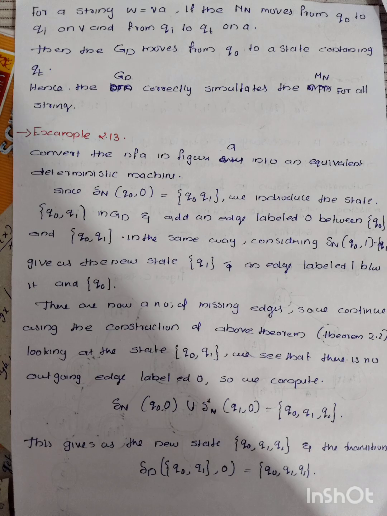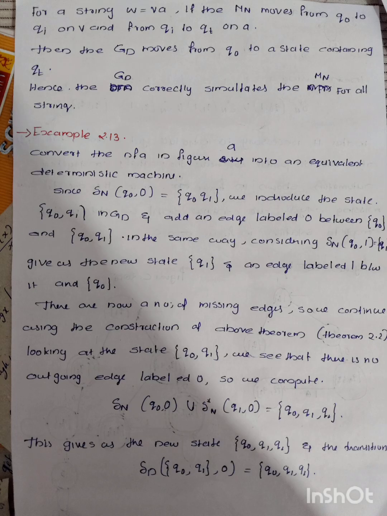In the same way, considering δn(q0, 1) = {q1} gives us the new state {q1} and an edge labeled 1 between {q0} and {q1}.